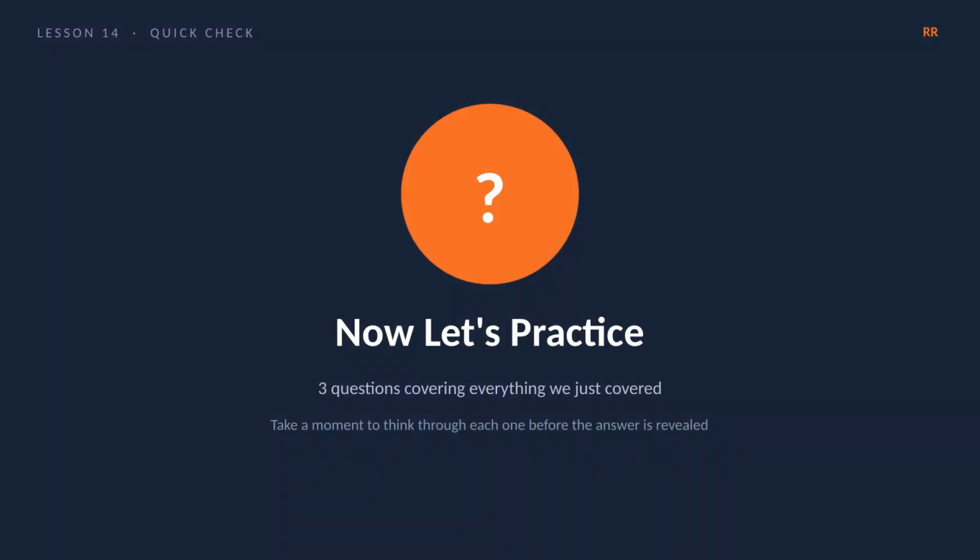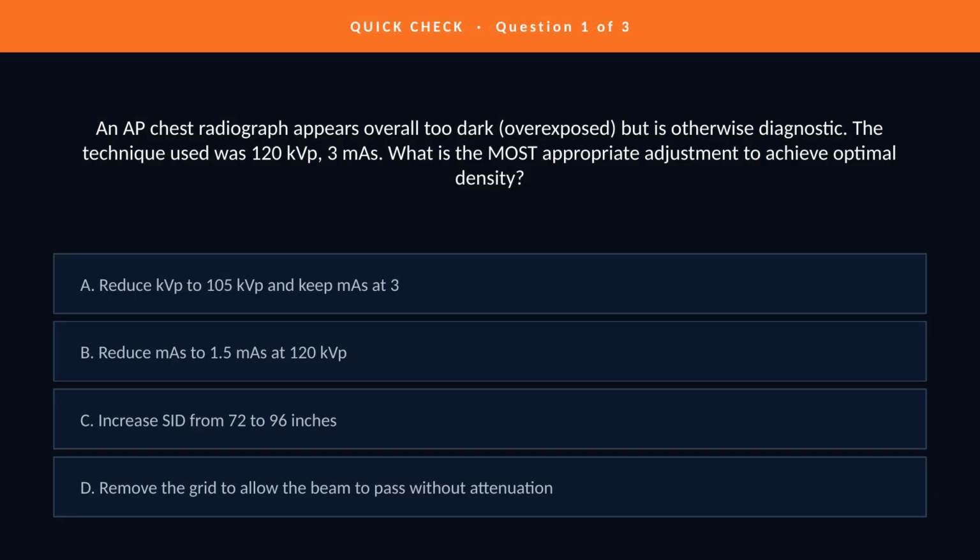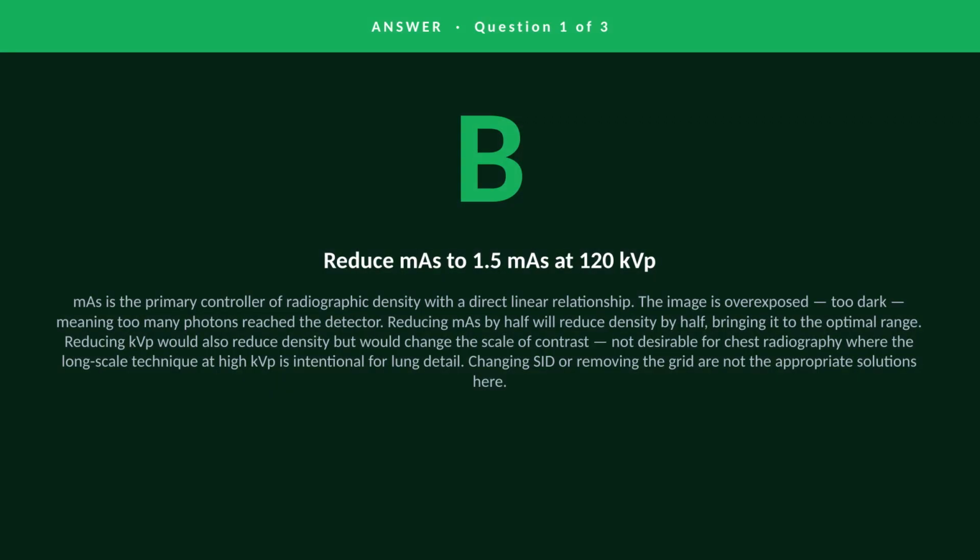Three density and contrast questions exactly as the registry frames them. The answer is B, reduce mAs to 1.5 mAs at 120 kVp. mAs is the primary controller of radiographic density with a direct linear relationship. The image is too dark.